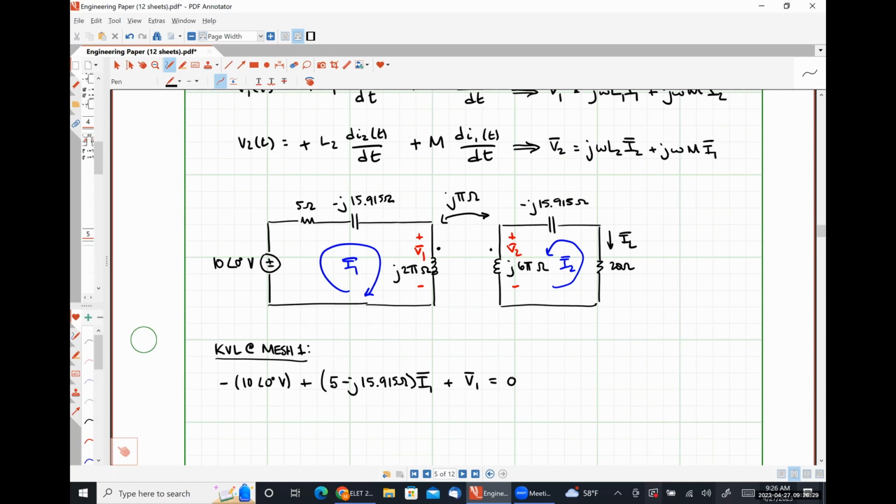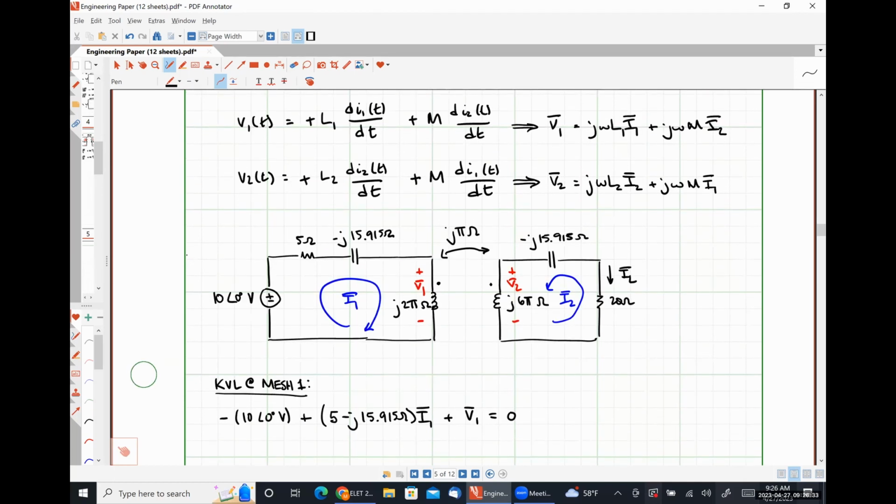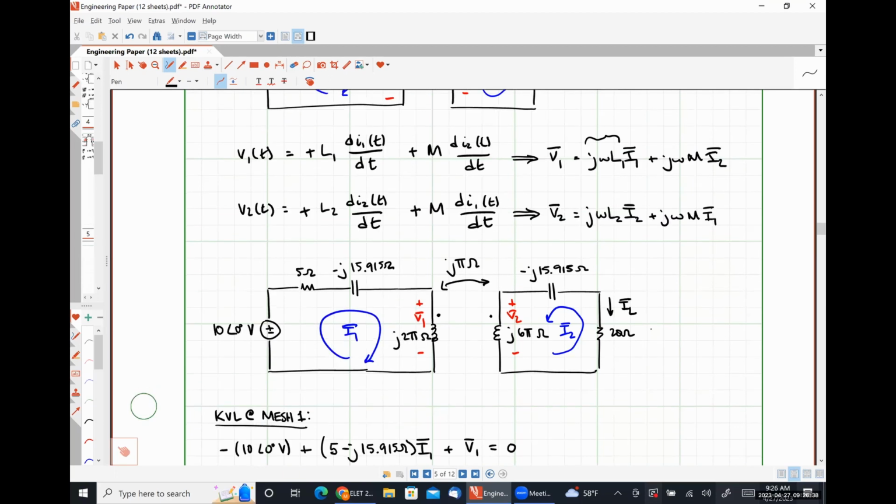And now I'm going to substitute in that V1 that we did earlier, right? Where this J omega L1 right here is just that J2 pi ohms. And this J omega M is J pi ohms.